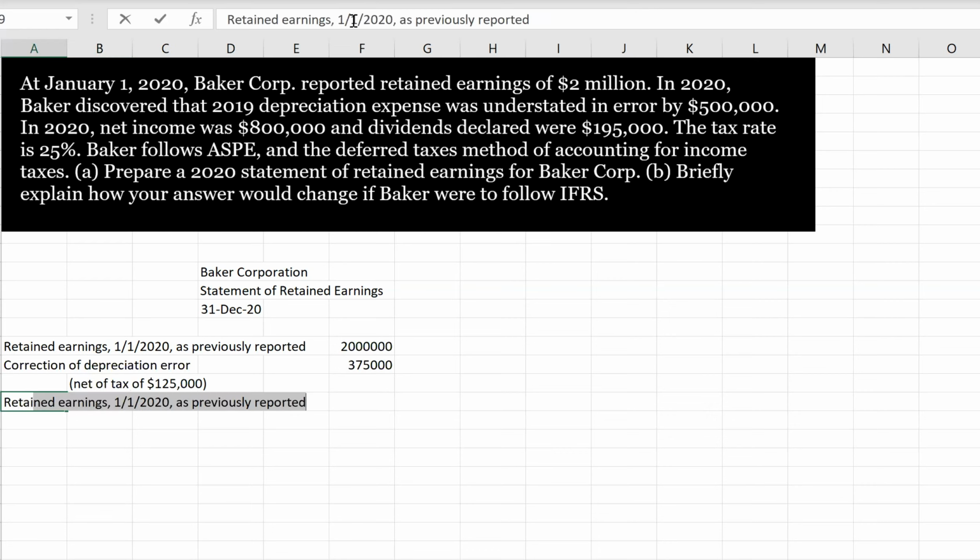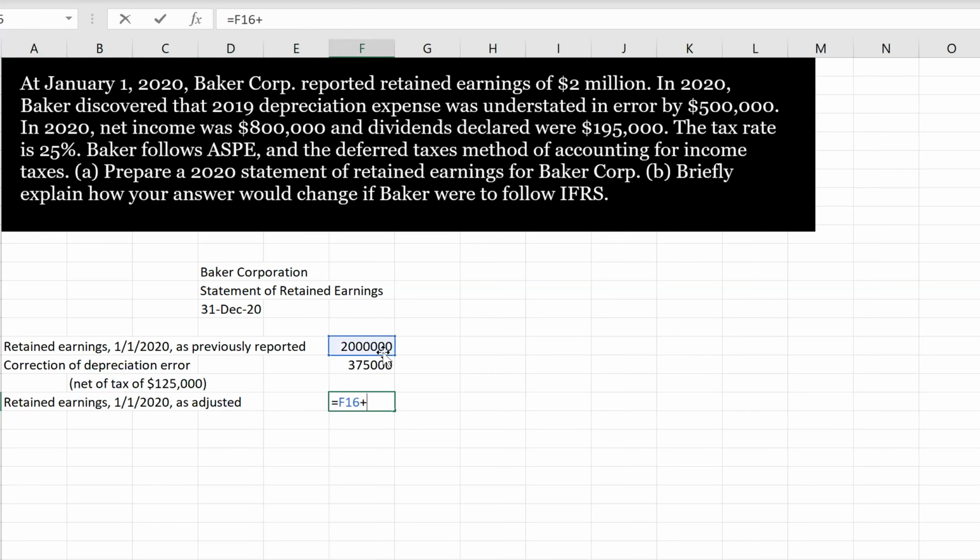Then we're going to report retained earnings 1/1/2020 as adjusted. So this is our adjustment to our opening retained earnings. So you can see we're letting the reader clearly see we had reported 2 million.